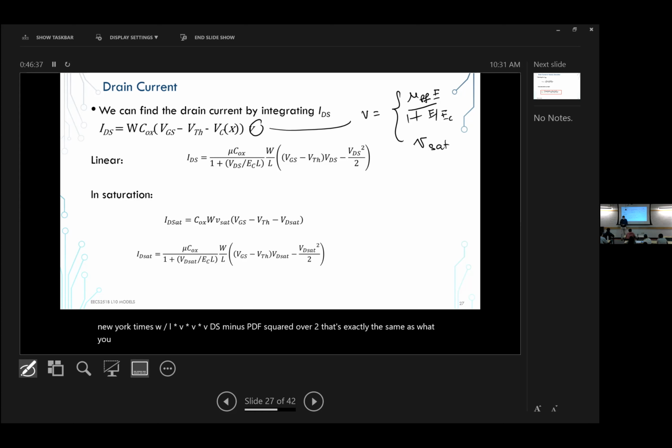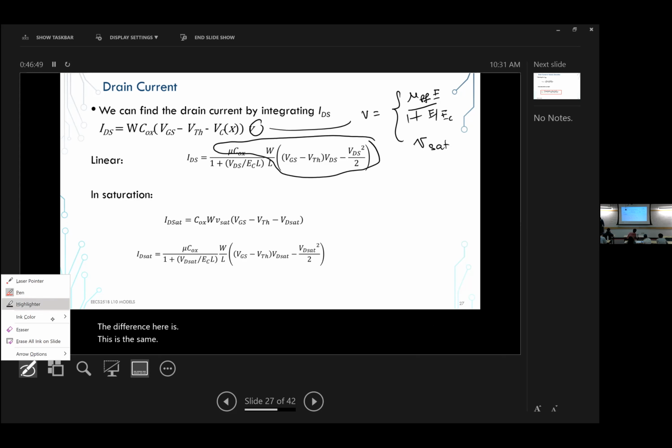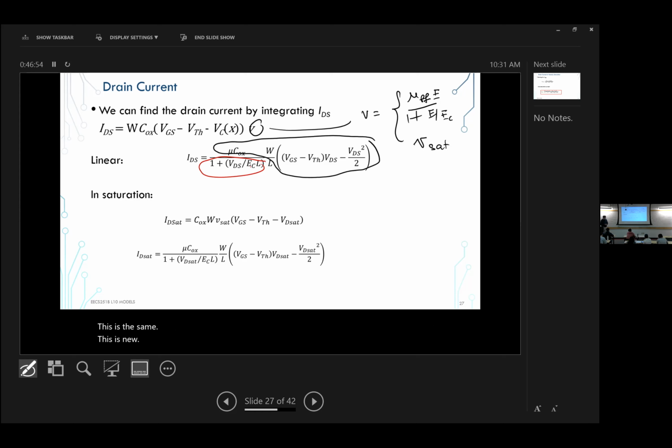The difference is this new term: 1 plus VDS over ECL. It scales down the current, doesn't let it jump up quadratically. It moderates it, pushes it to be more like linear. Remember, this is for the linear region.